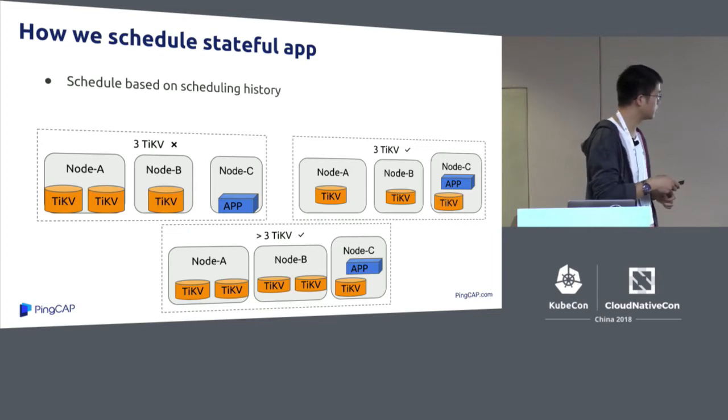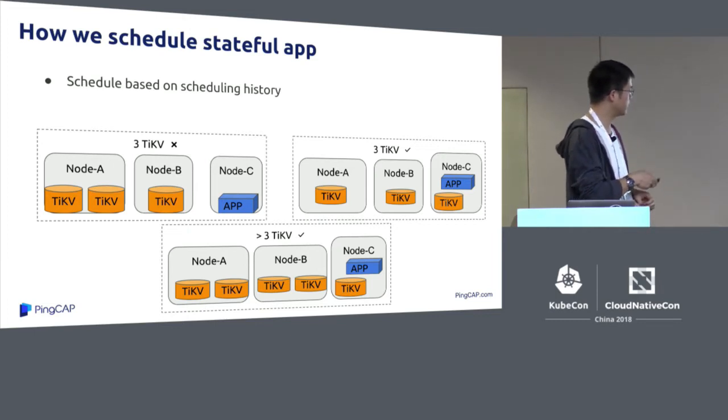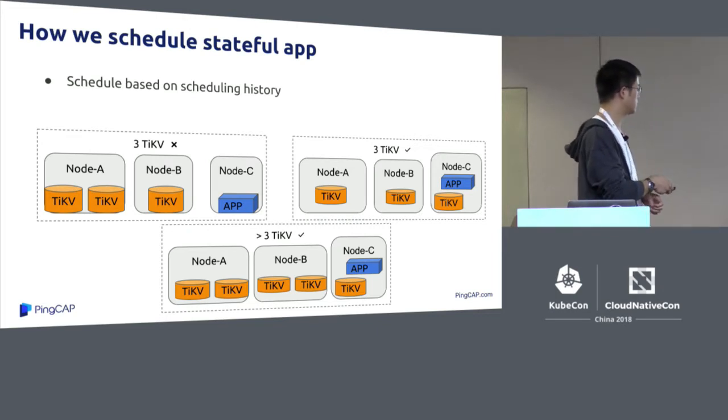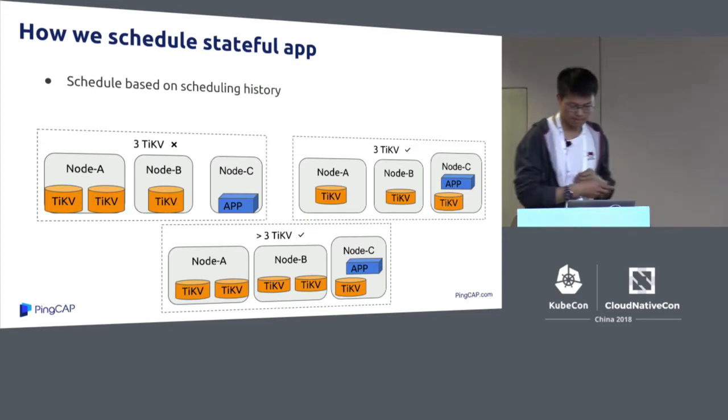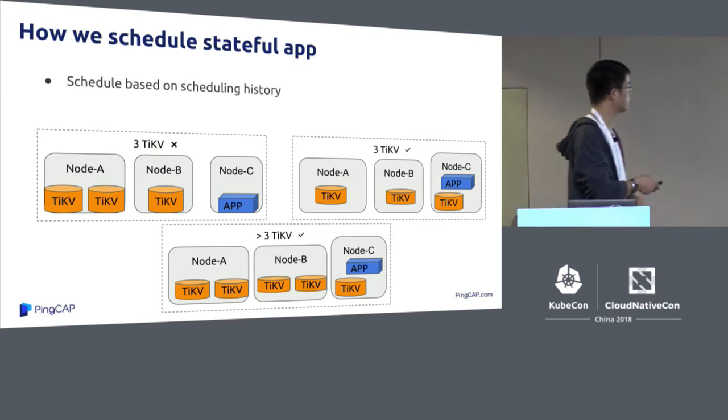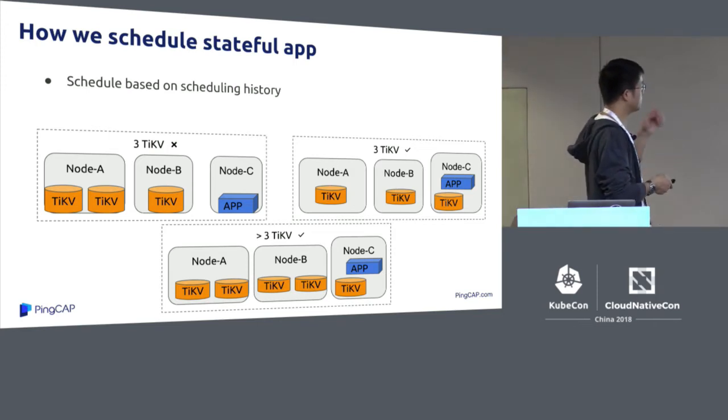When the TiDB pod count is greater than 3, we should scan all the nodes and check the previous TiDBs to decide if we can schedule the TiDB on node A. So we implemented this scheduler extender to do such advanced scheduling.